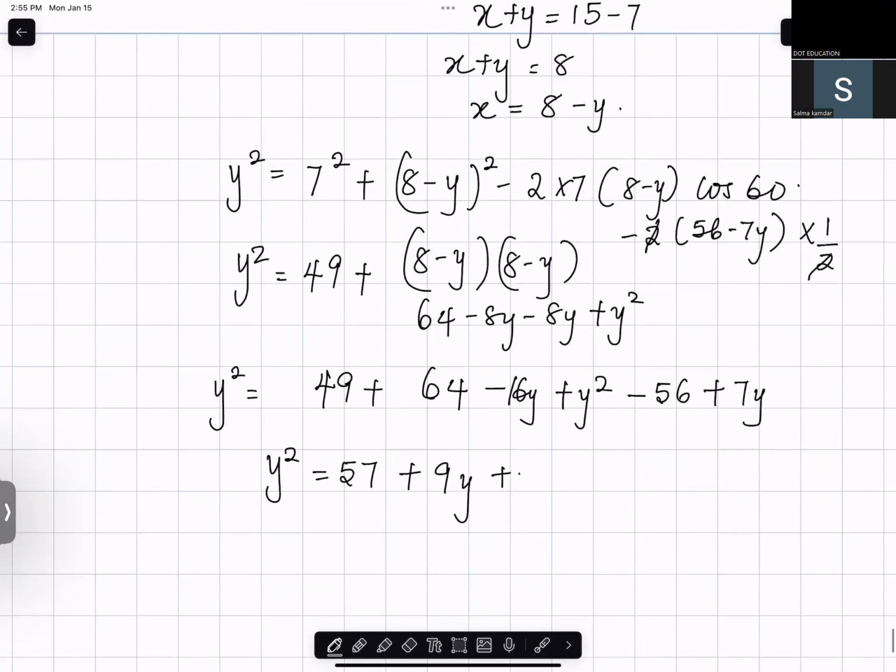Plus our y squared. So moving your y squared over makes y squared 0. So we have 0 equals 57 minus 9y. This value is negative 9y.